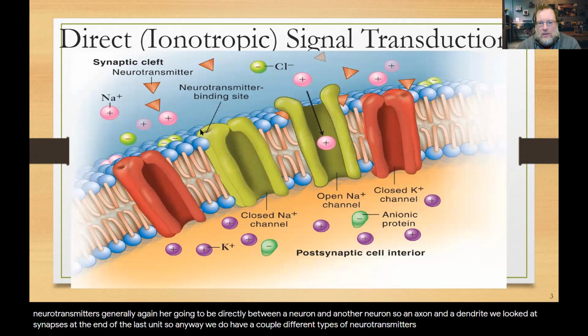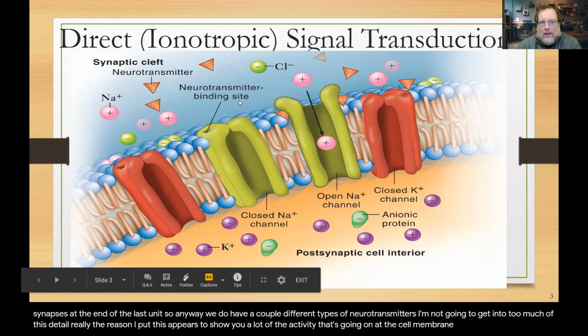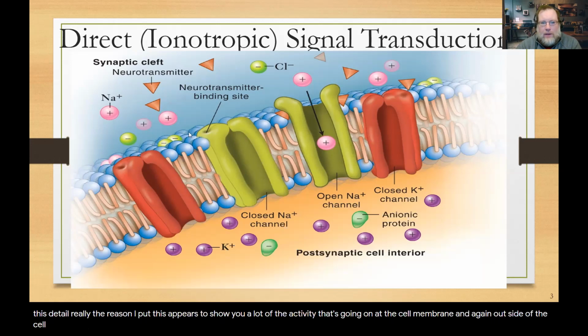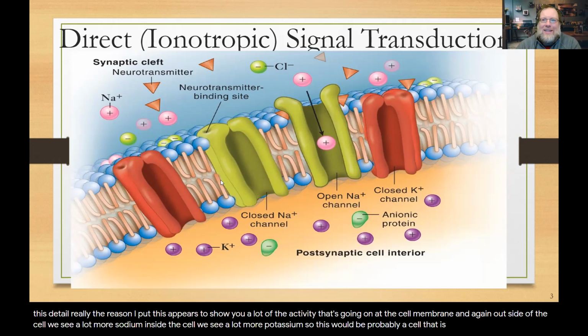So anyway, we do have a couple different types of neurotransmitters. I'm not going to get into too much of this detail. Really, the reason I put this up here is to show you a lot of the activity that's going on at the cell membrane. And again, outside of the cell, we see a lot more sodium. Inside the cell, we see a lot more potassium. So this would be probably a cell that is in a state of being at rest.